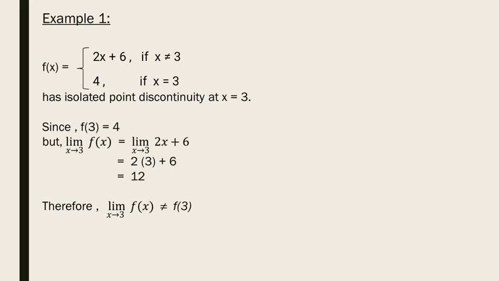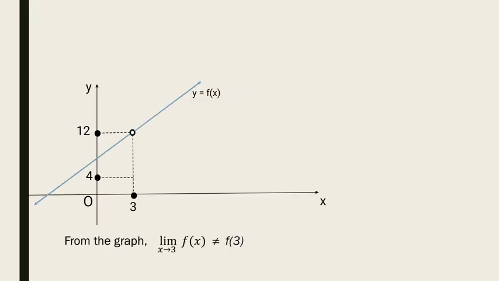Hence we can conclude the function has isolated type discontinuity at x equal to 3. From the graph here, the function has isolated type discontinuity, because at 3 the graph has a hole, but the function is defined at 3. The value of the function at 3 is equal to 4, which is different from the limit of the function.